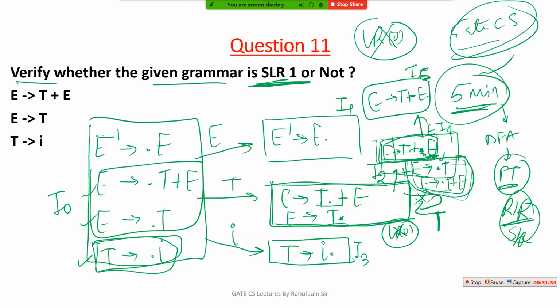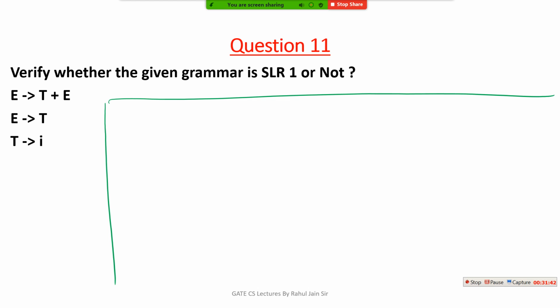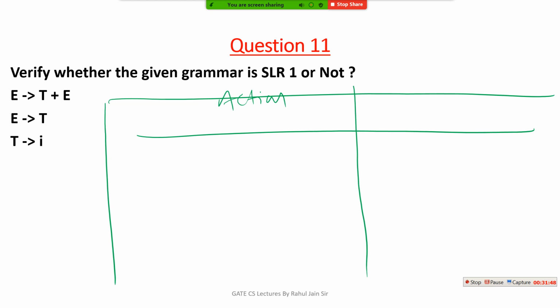Now I have 6 states in this DFA, and if I am designing the parsing table, then it has the action part and the goto part.